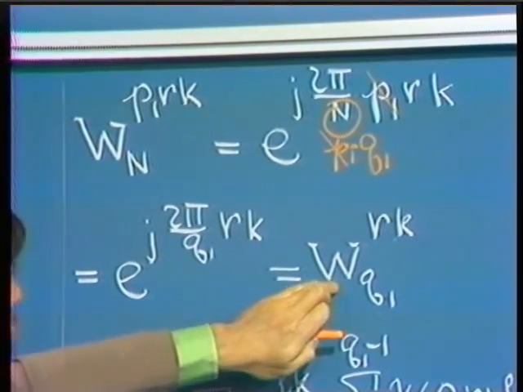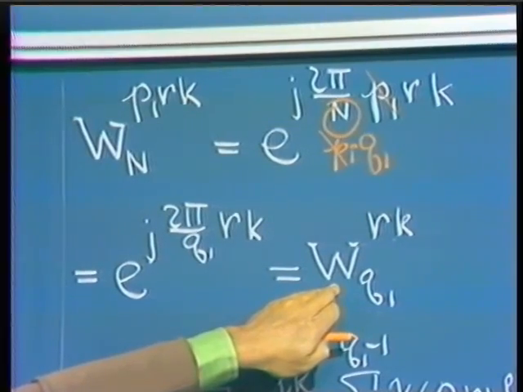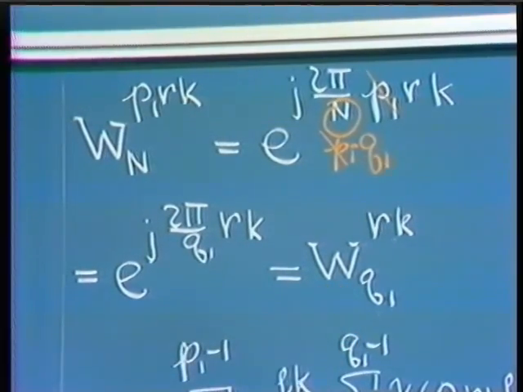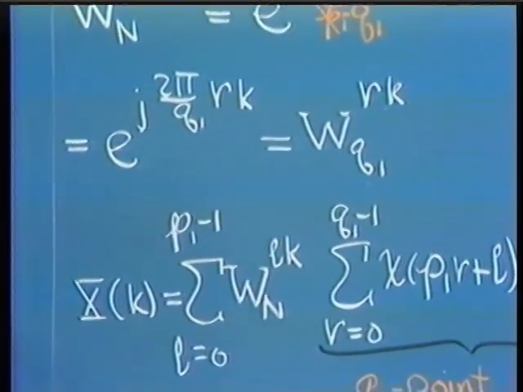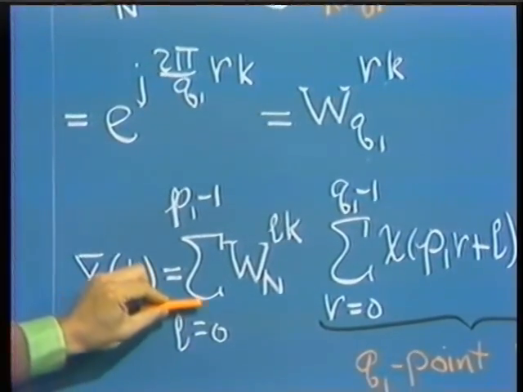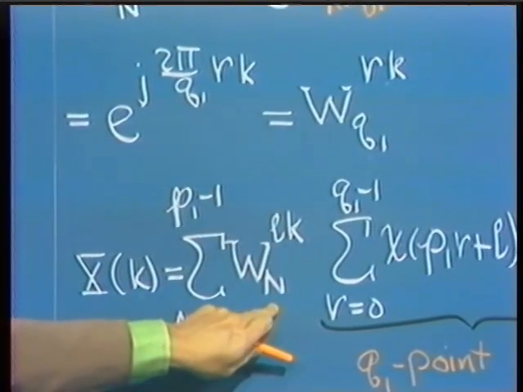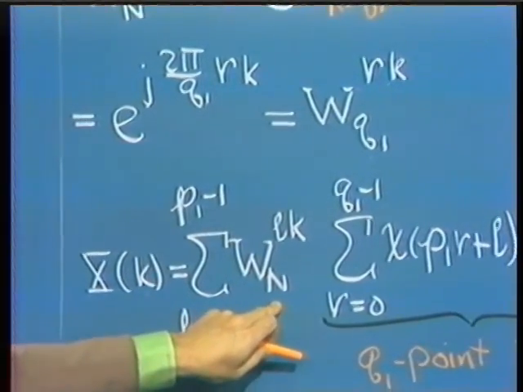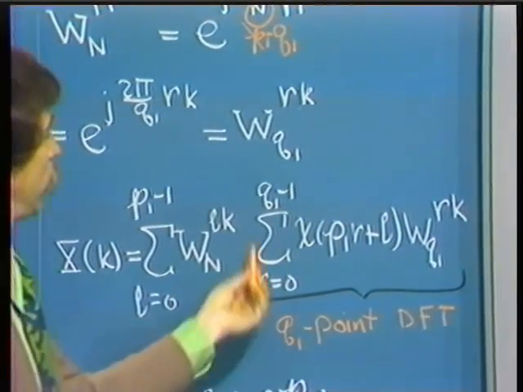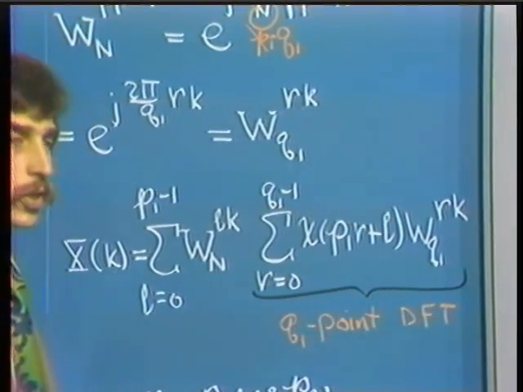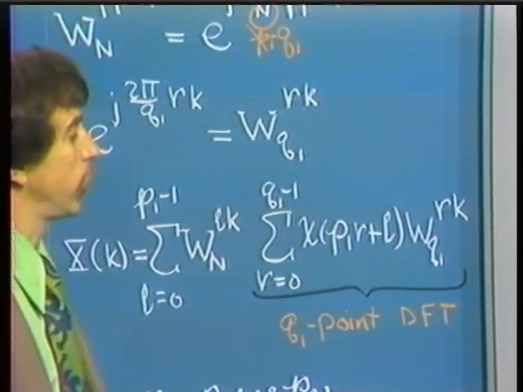So substituting this for W sub n to the P1 RK in the previous expression, what results is then x of k expressed as a sum from L equals 0 to P1 minus 1 of these powers of W sub n. But then the important thing is that the inner sum involves Q1 point sequences. This factor is W sub Q1 to the RK.